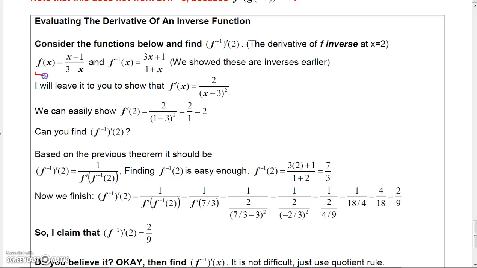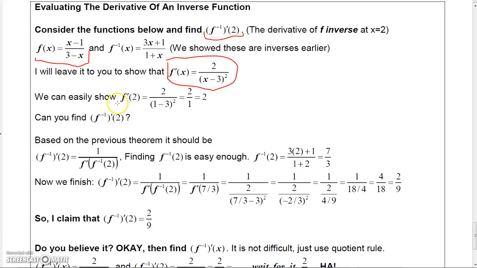Suppose I want to find the derivative of the inverse of this function at 2. In other words, I want to find the derivative of f inverse at 2. What we could do is, first of all, find the derivative of this function, which is 2 over x minus 3 quantity squared. Then we can easily show that if we evaluate f prime at 2, we're going to get 2.